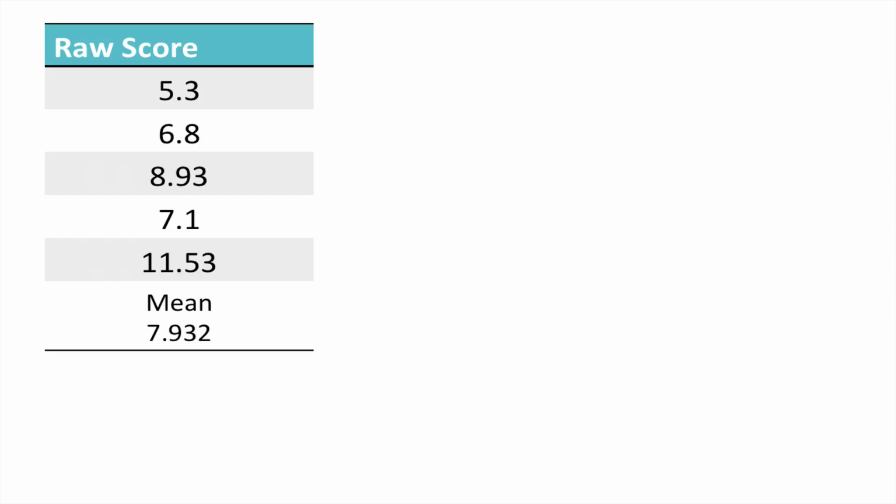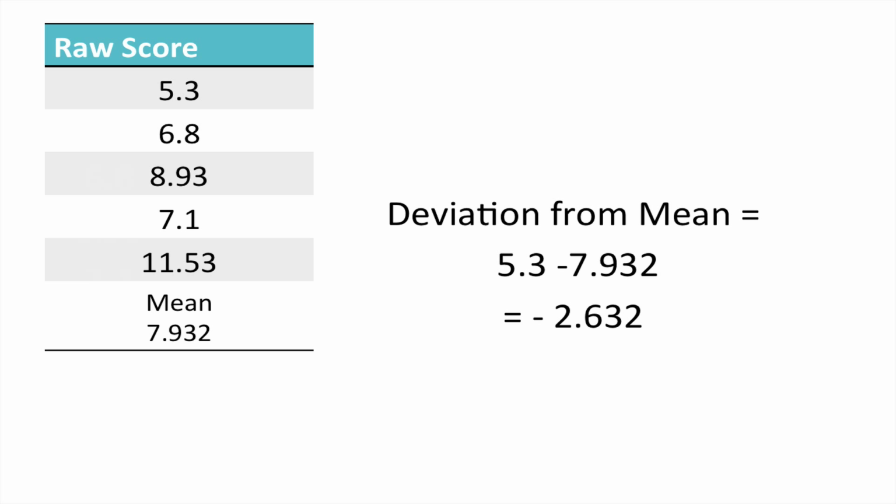If you want to know how far away 5.3 is from the mean, what we need to do is take the mean, 7.932, away from 5.3, and that'll give us a sense in terms of the raw score of how much each score deviates from the mean. For the first score, 5.3, we get a raw deviation of minus 2.632, and we need to calculate that for all of our scores.